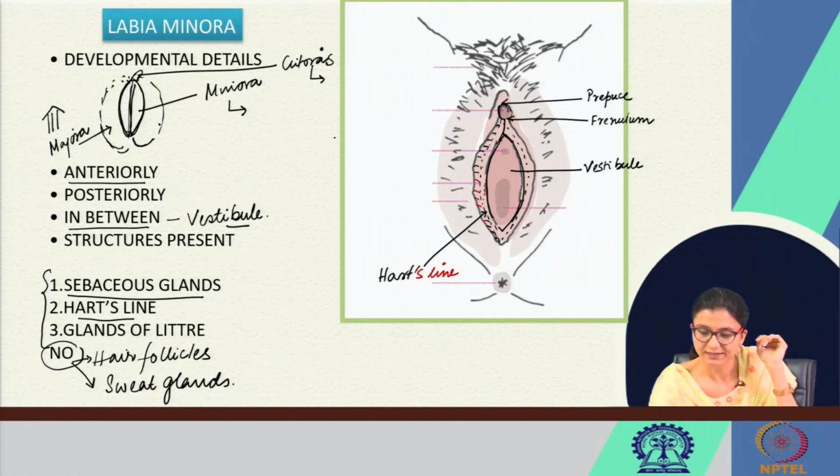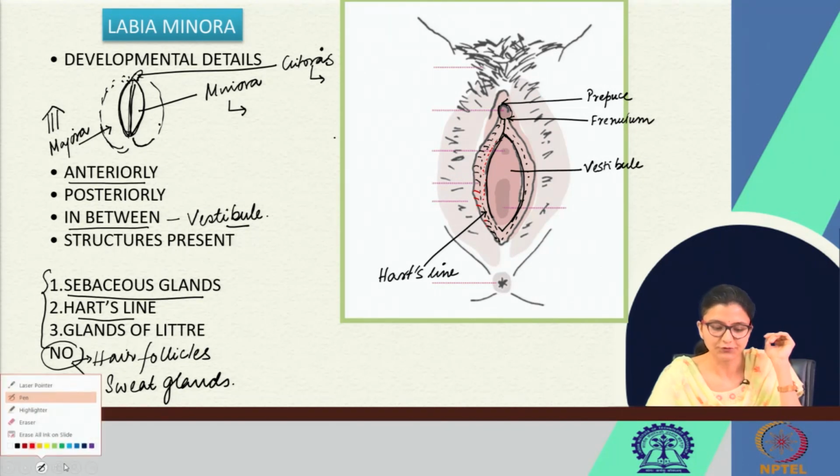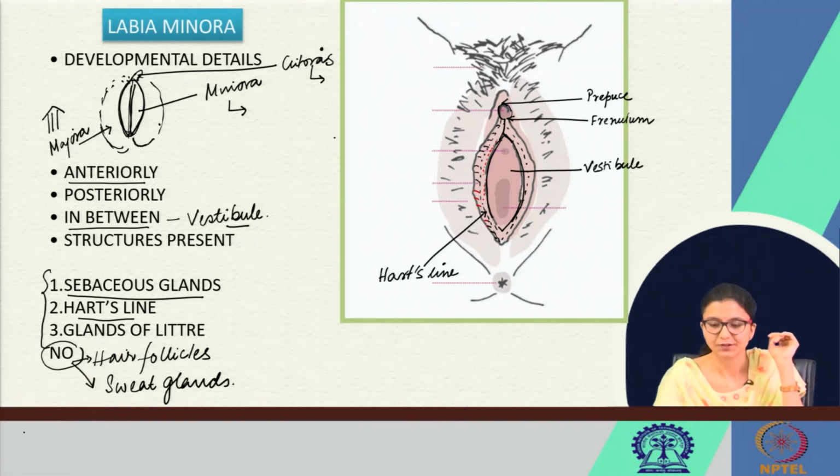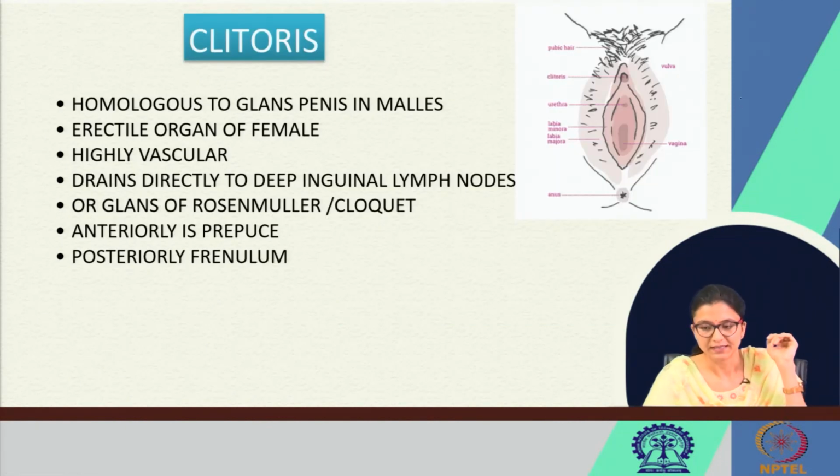It also contains some glands which are known as the glands of Littre. So, labia minora completed. Now coming to the clitoris.